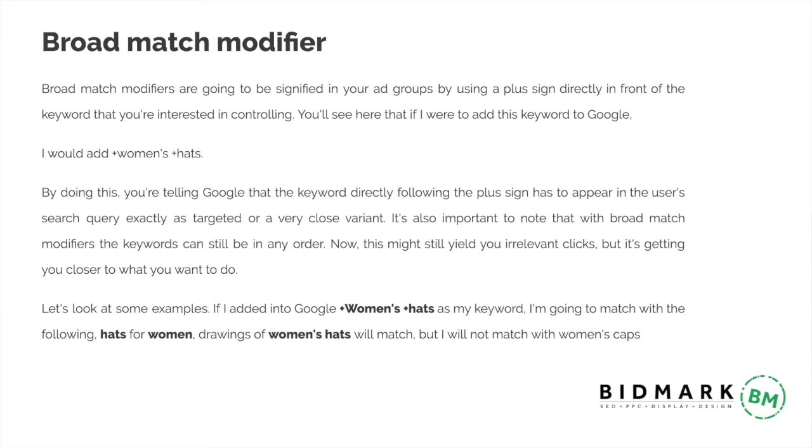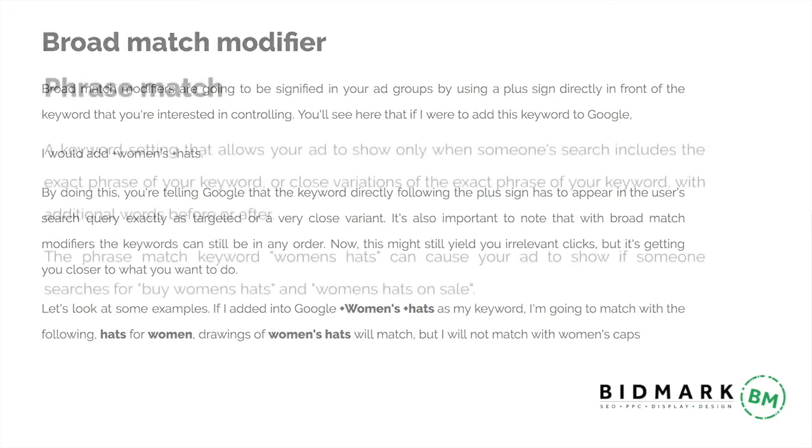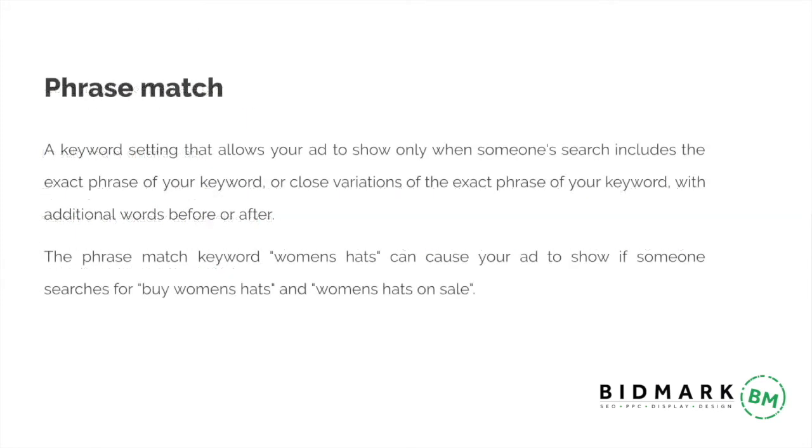Let's look at some examples. If I added into Google plus women's plus hats as my keyword, I'm going to match with the following: hats for women, drawing of women's hats. Both of these will match, but I will not match for women's caps. The next match type is phrase match type. This is a keyword setting that allows your ads to show only when someone's search includes the exact phrase of the keyword or close variations of the exact phrase of your keyword with additional words before or after.